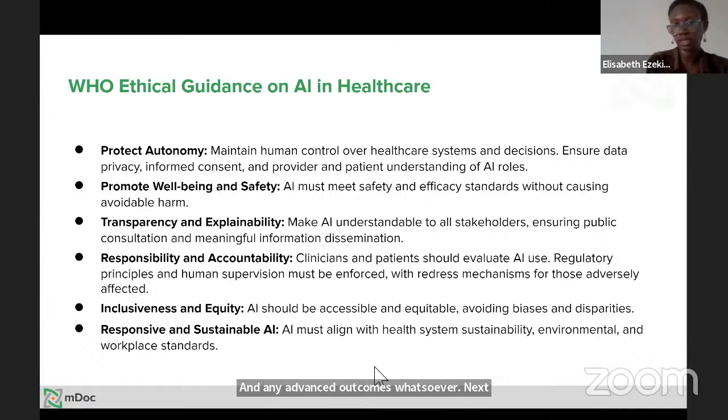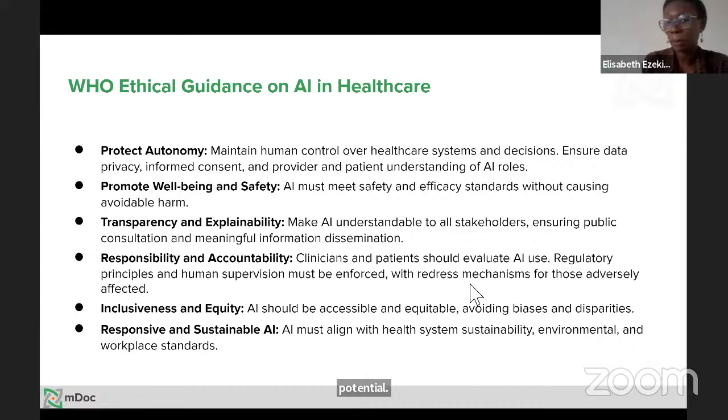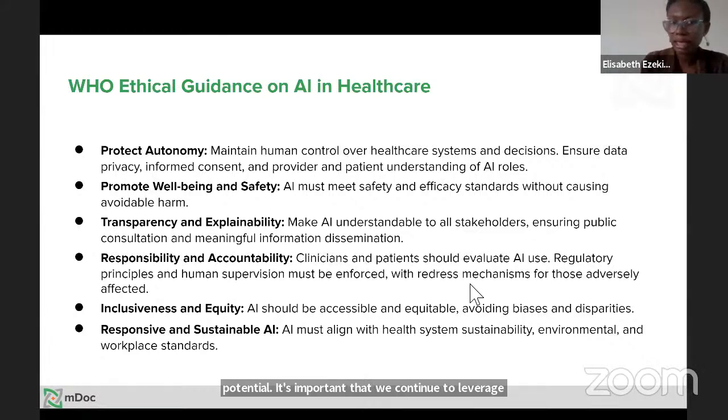Next, inclusiveness and equity. A quick point I want to highlight here is that the use of AI, particularly for health information, has also contributed to reducing health access barriers, particularly for people in underserved or remote populations. So if AI already has this big potential, it's important that we continue to leverage it in making sure that the utilization of artificial intelligence in healthcare is accessible and equitable.